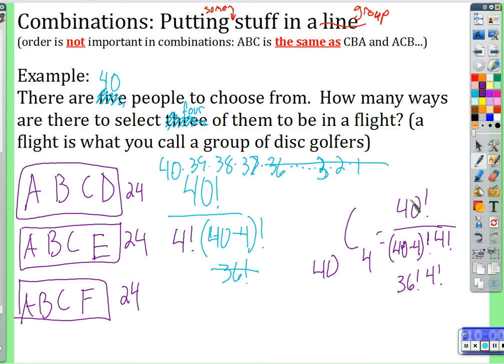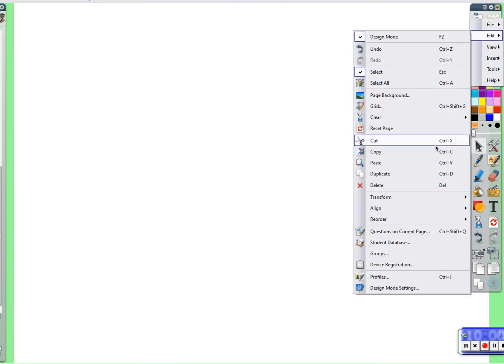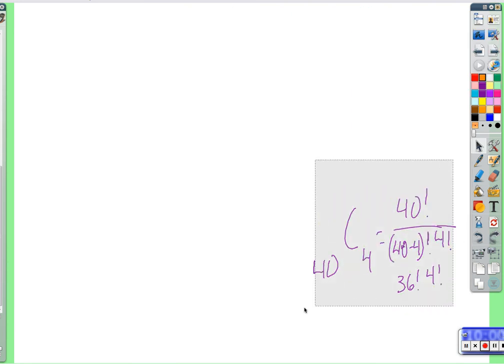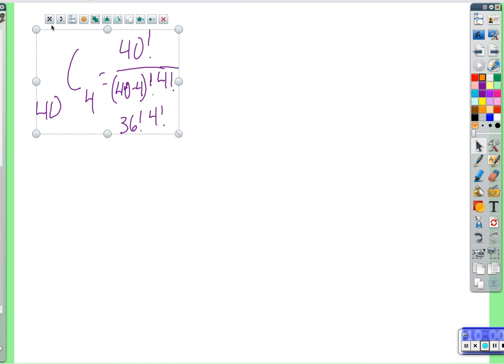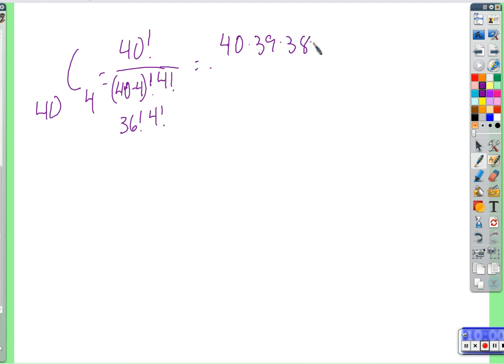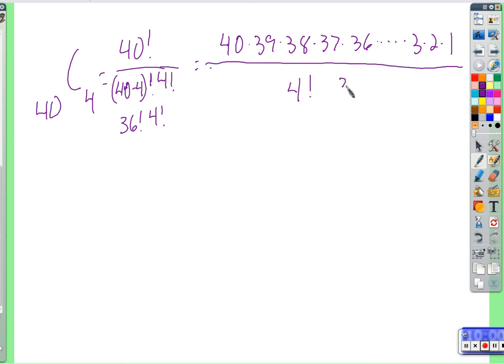And let's take this to where we have a little more room to work for a second. There we go. So this is 40 times 39 times 38 times 37 times 36 all the way down to 3 times 2 times 1 over 4 factorial times 36 factorial.